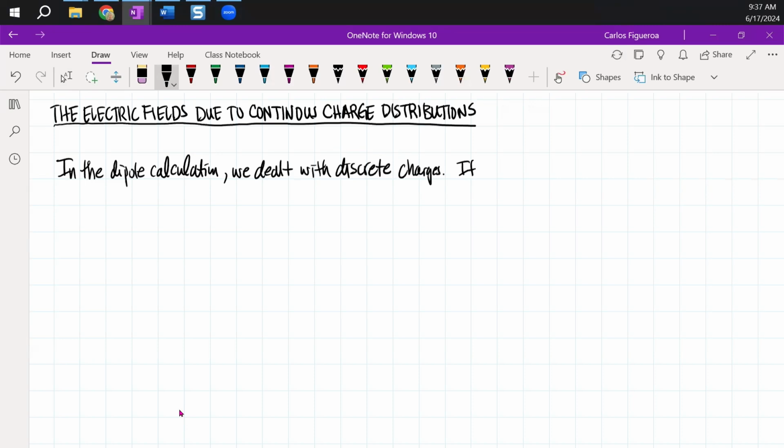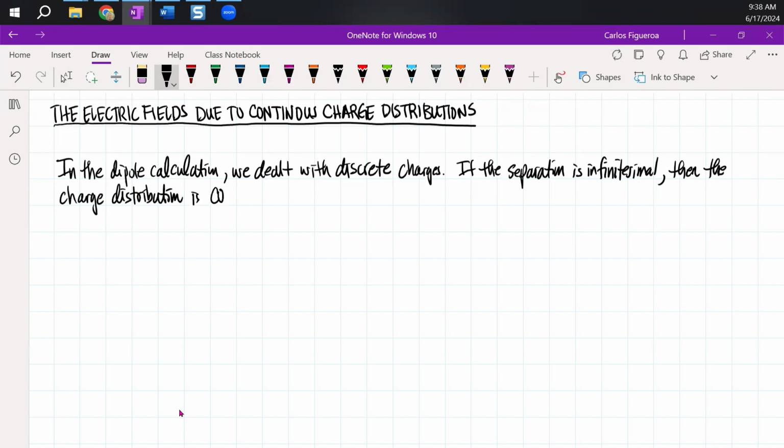If the separation between the charges is infinitesimal, then the charge distribution is continuous.